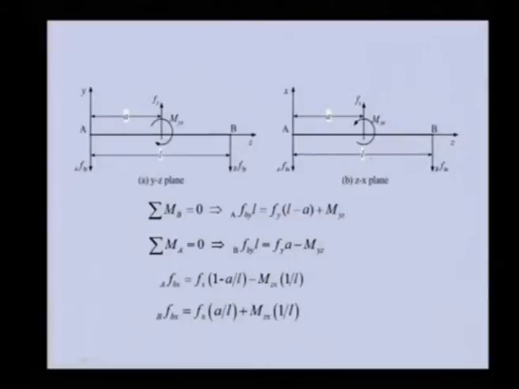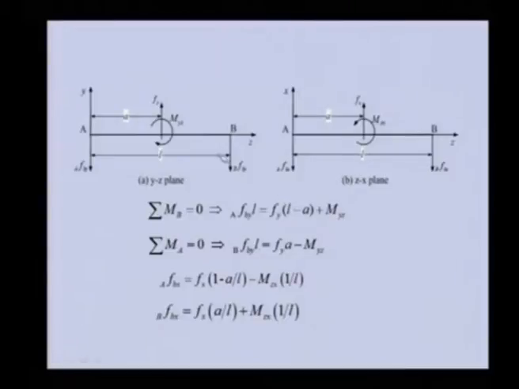Now we can take the equilibrium of each of these free body diagrams. Like in the yz plane, we can take the moment about point B here. So this particular force will give a moment, and that is balanced by the moment from the reactions of the disc and this moment.